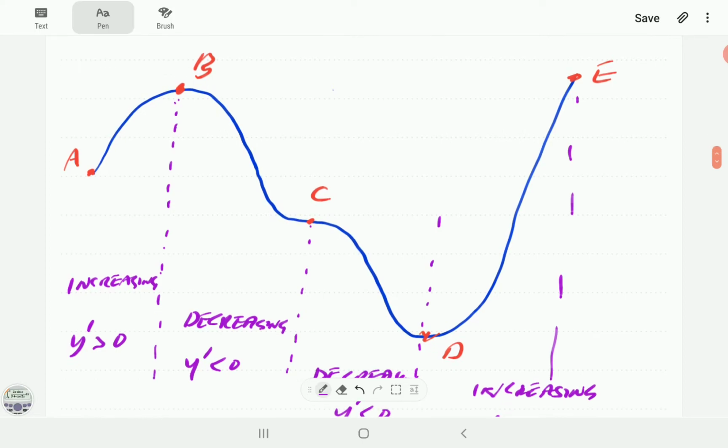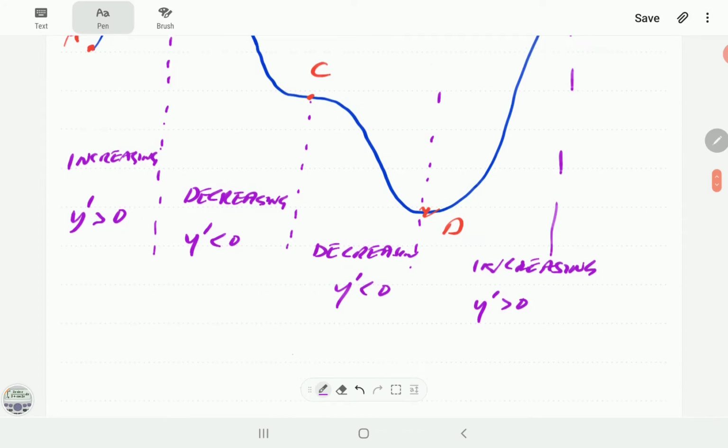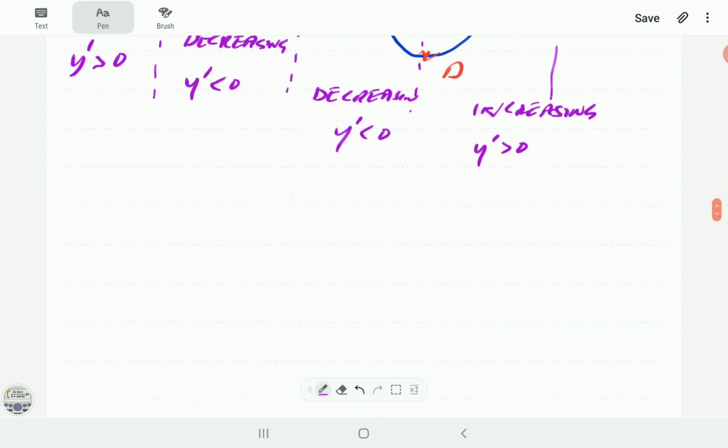Now, A to B is increasing, B to C is decreasing. But notice that there's going to be a point B here where the graph is neither decreasing nor increasing. So let's say something about those points.